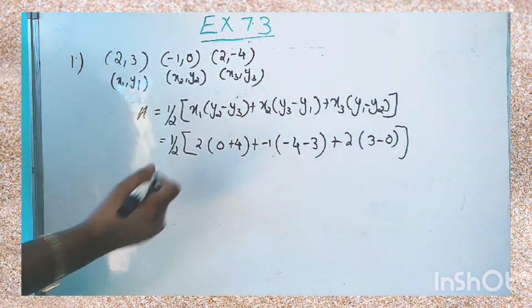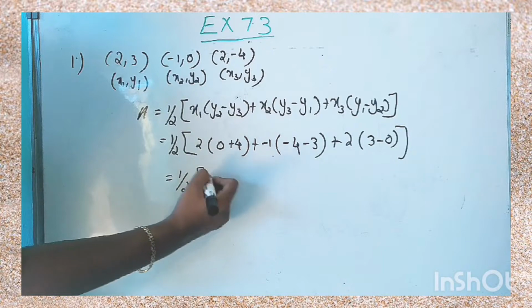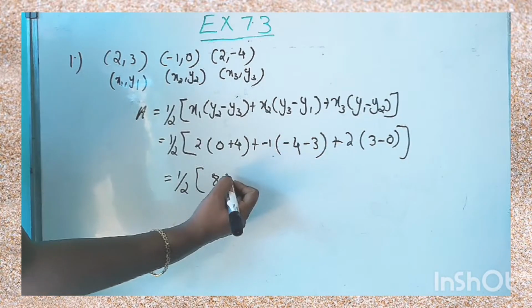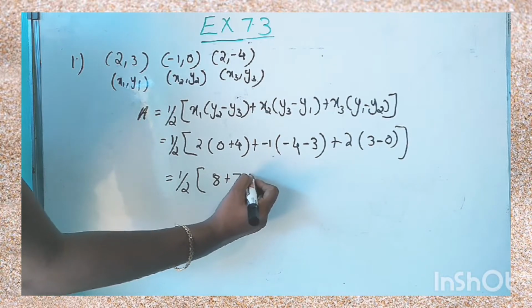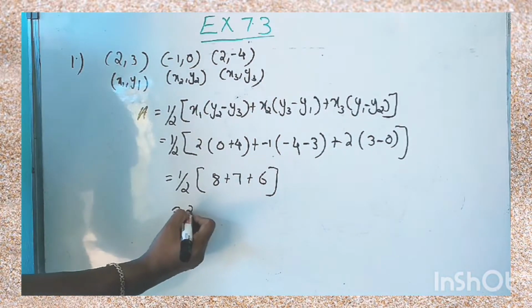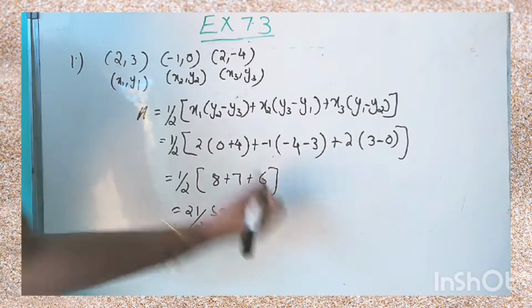So half into 2 into 4 is 8, -4 minus 3 is -7, -7 into -1 is +7, plus 6 is equal to 21/2 square units.